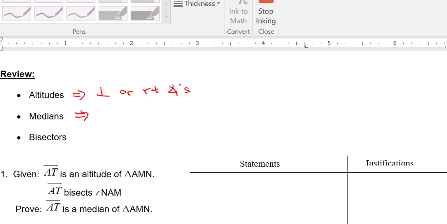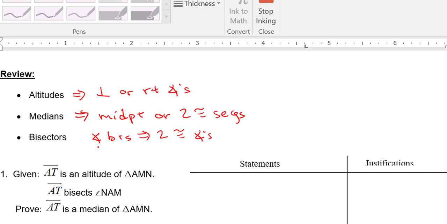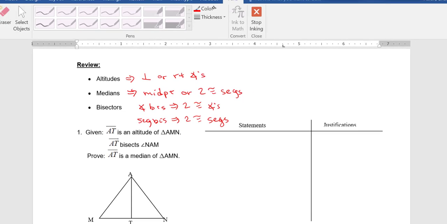Medians are drawn from a vertex to the midpoint of the opposite side. So you can say a median gives you a midpoint or 2 congruent segments. And then bisectors. There are angle bisectors, which give you 2 congruent angles, as it chops a single angle into 2 congruent angles, and a segment bisector, which gives you 2 congruent segments. Okay, and so we're going to use this in some proofs.